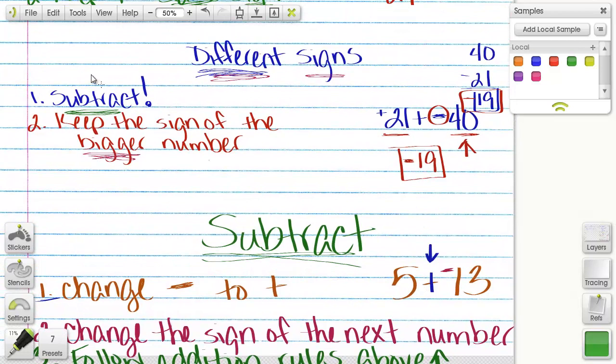So I'm going to subtract 13 minus 5, which is 8. Then I'm going to keep the sign of my bigger number from right here. 13 is my bigger number, and that's a negative, so it's negative 8. So the only extra step are these first two. So I guess it's 2 extra steps, but they're both easy.